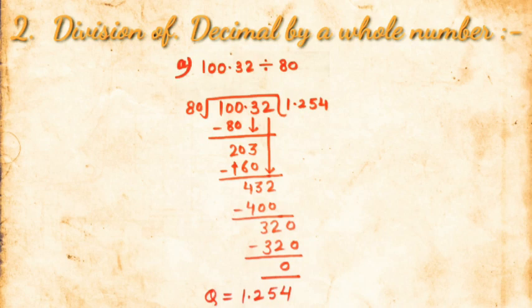So 430 minus 400 becomes 32. Now we can insert 0 from our own side. The decimal is already there, so we can just apply 1 zero more here. It will be 320. 80 4s are 320. It is properly divisible. So the answer which is here, the quotient, is 1.254.